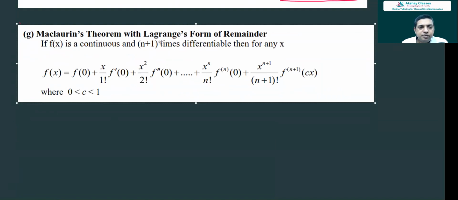So, Maclaurin's theorem with Lagrange's form of remainder.